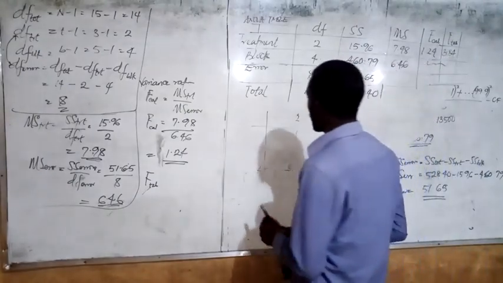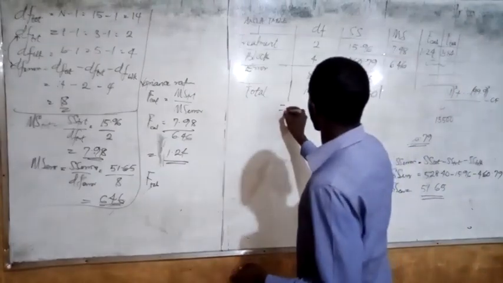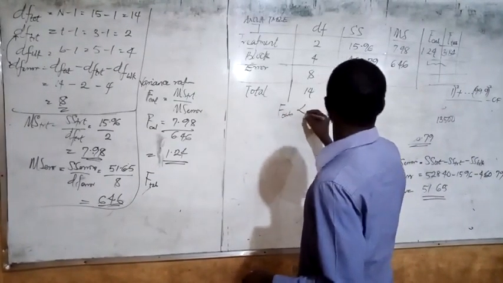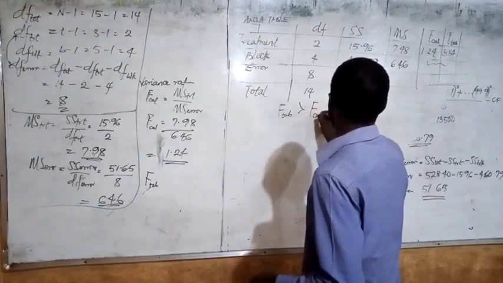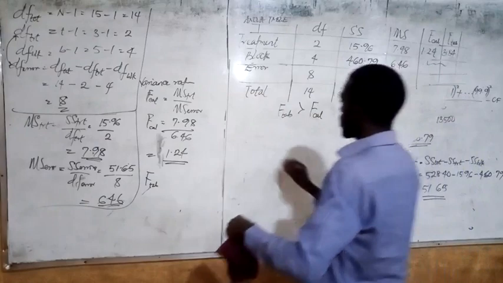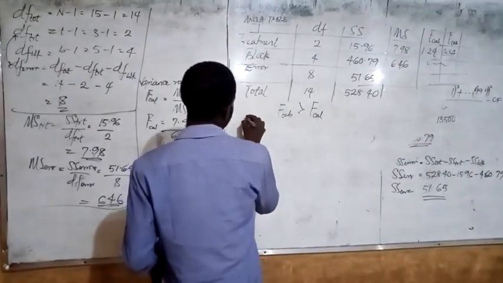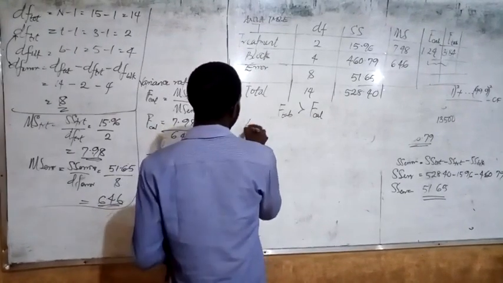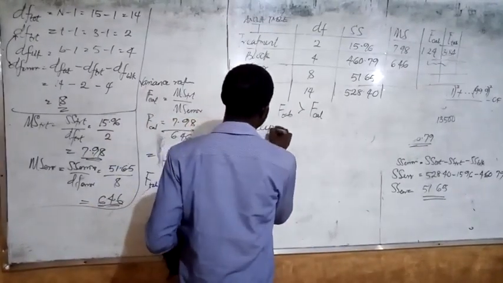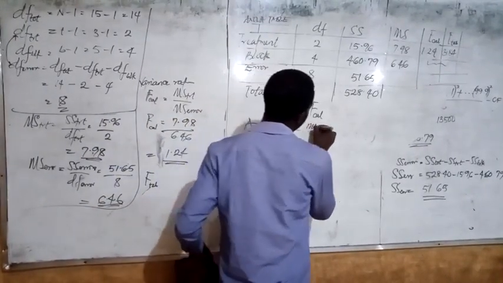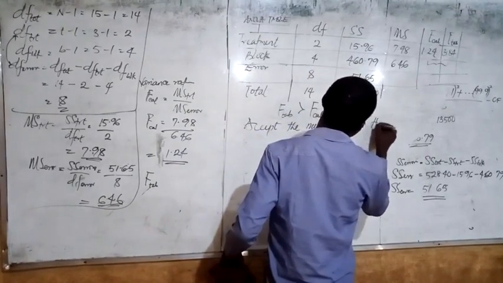So what did you notice there? You notice that the F tabulated is greater than the F calculated. In this case, what will our conclusion be? Because the F tabulated is greater than the F calculated, we will accept the null hypothesis, or the hypothesis of no significant difference.